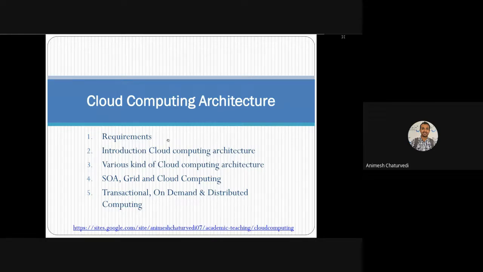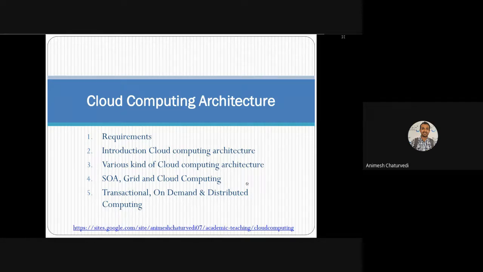We'll see various kinds of cloud computing architecture, the SOA and grid, which are forefathers of cloud computing, and we'll discuss transactional, on-demand, and distributed computing.